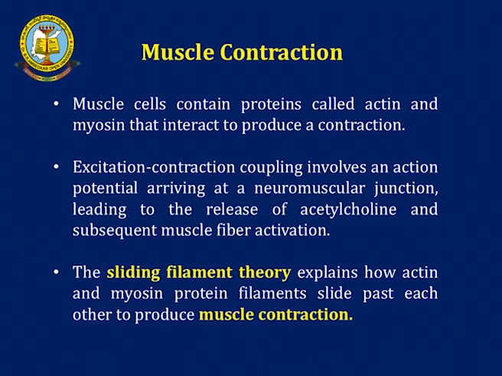At this junction, the neurotransmitter acetylcholine is released, resulting in the formation of an action potential and the subsequent muscle fiber activation, which leads to the contraction of the muscle fiber.